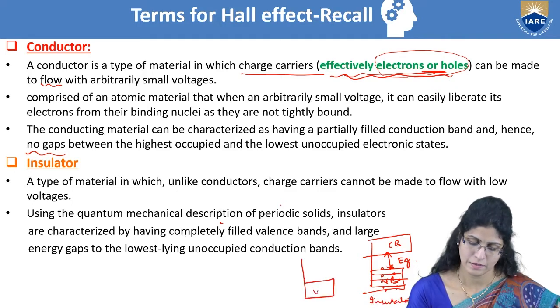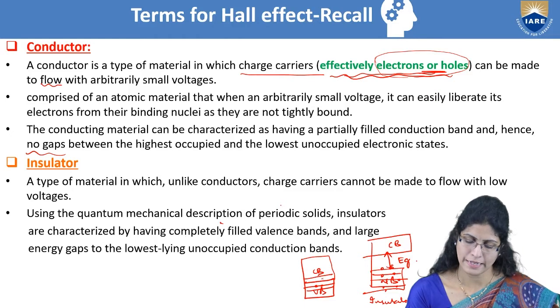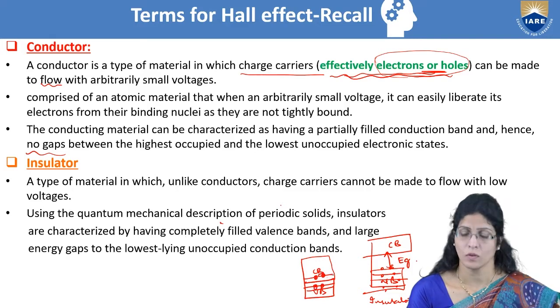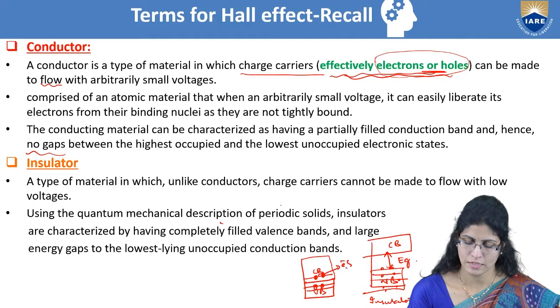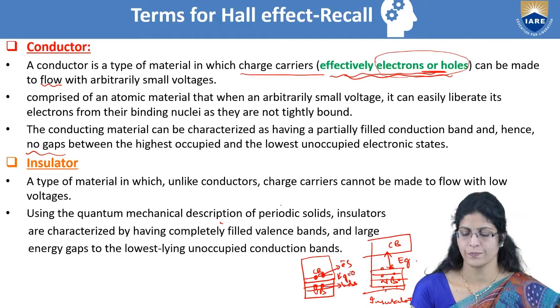In the other picture, electrons in the valence band are excited to the conduction band, leaving holes in the valence band. These are the electrons and these are the holes, where Eg is 0.